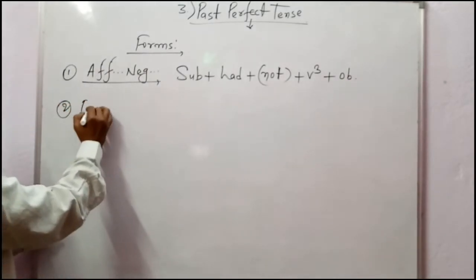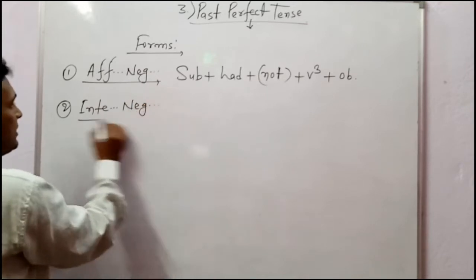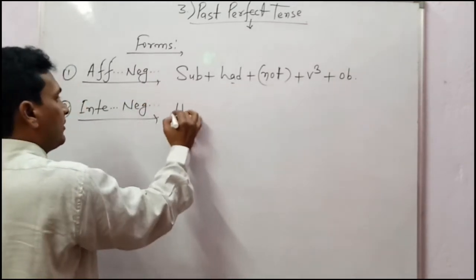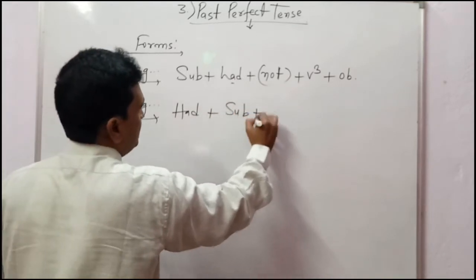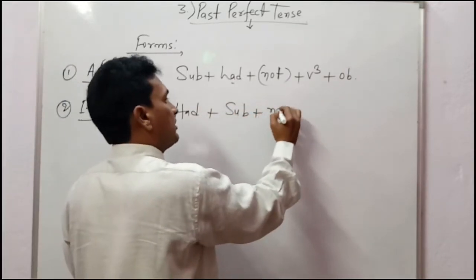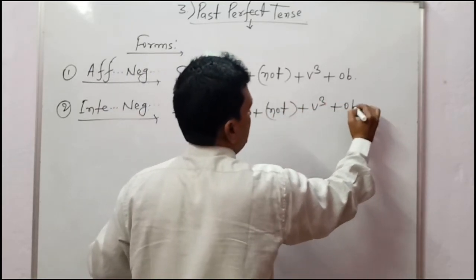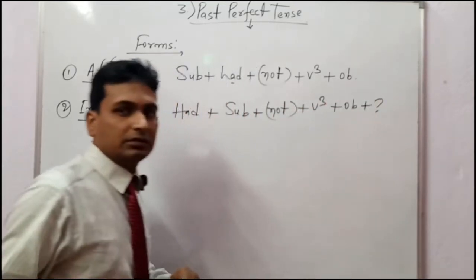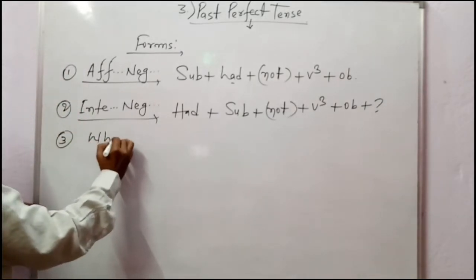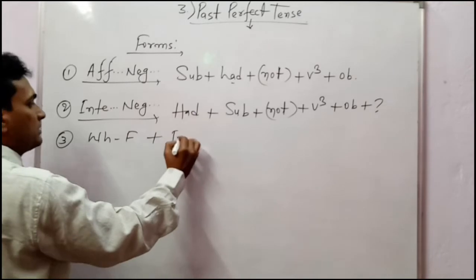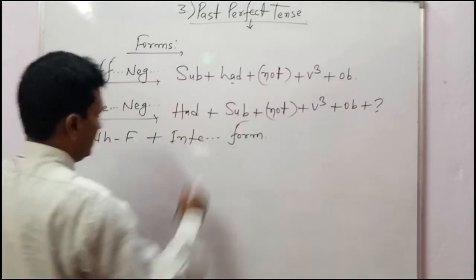The second one is interrogative and negative, right? Put had at first, and then subject will take its place. Subject plus under bracket not plus v3 plus object plus question mark, right? And then the last one is WH family plus interrogative form, right?